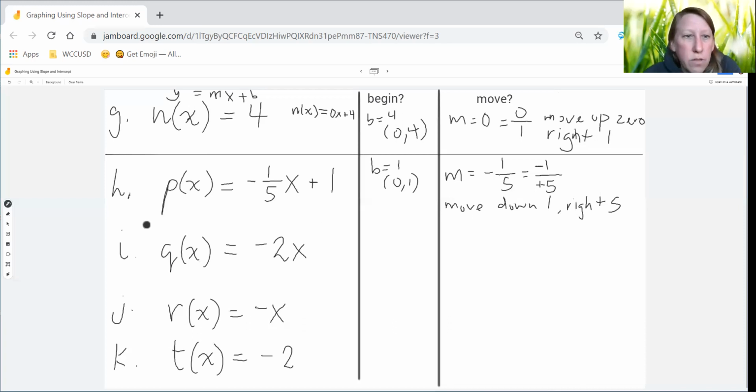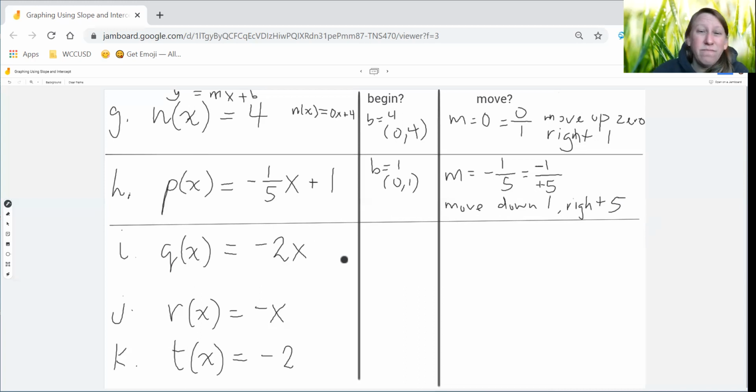Steps you can follow to graph lines. Takes practice. Okay, y equals mx plus b. What's the b? What's the constant? Is there anything here? It's 0. So for this one, the b value is 0.